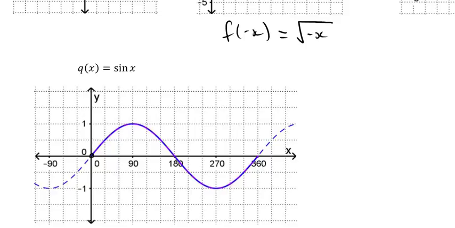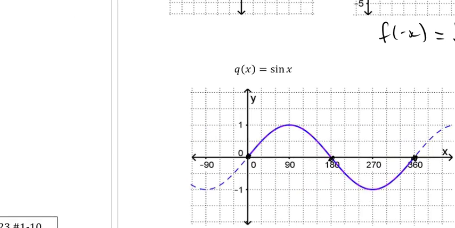So at 0, at 180, and then at 360, we do sometimes write this as a formula. So it would be like 180n, where n is any integer. So it would be 180 times 0 is 0, 180 times 1 is 180, 180 times 2 is 360, and any multiple.